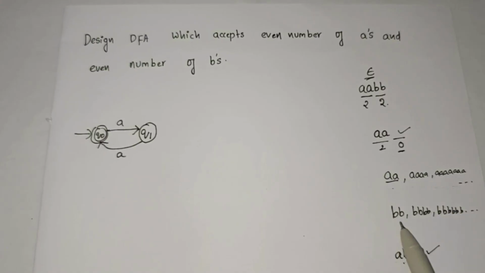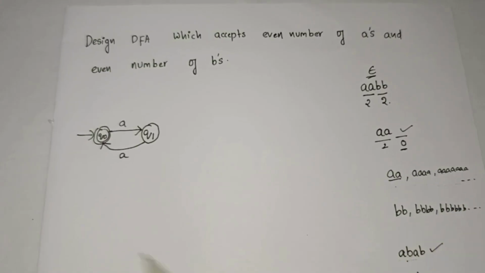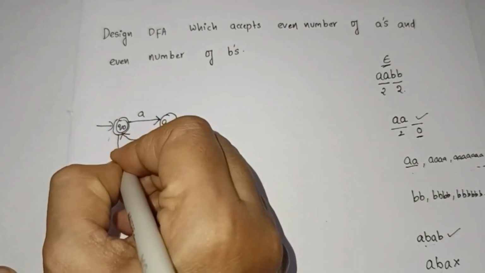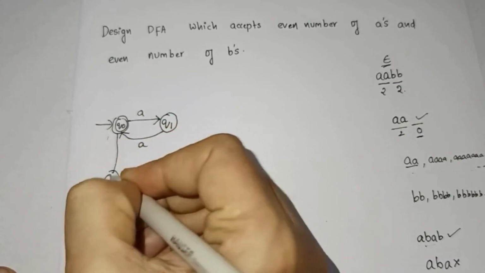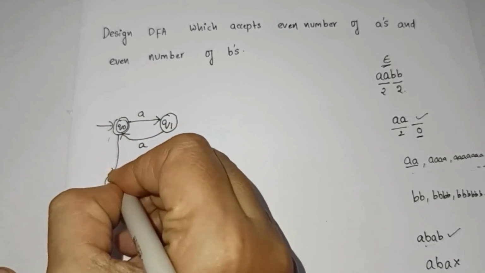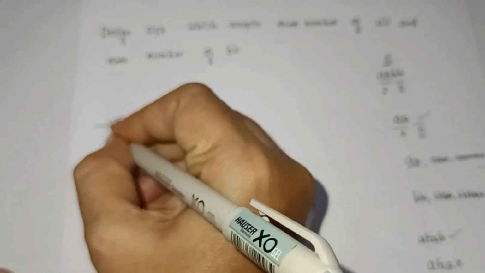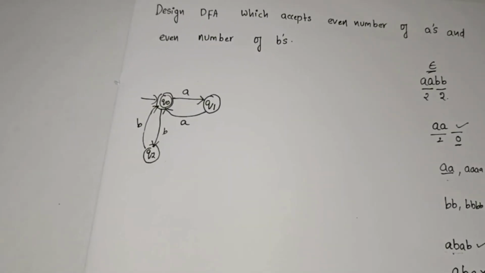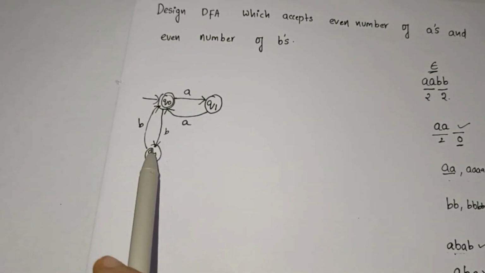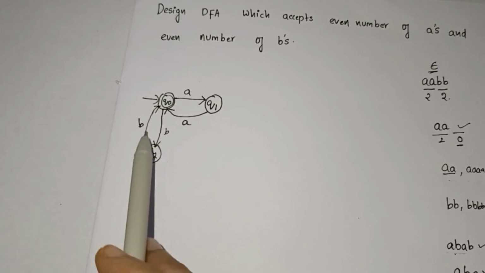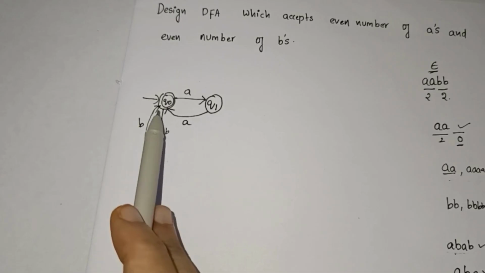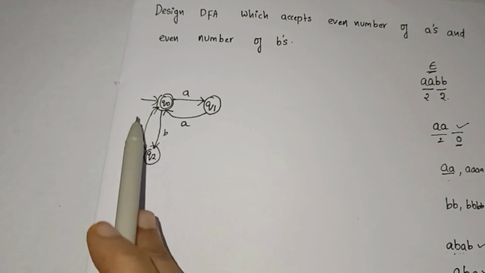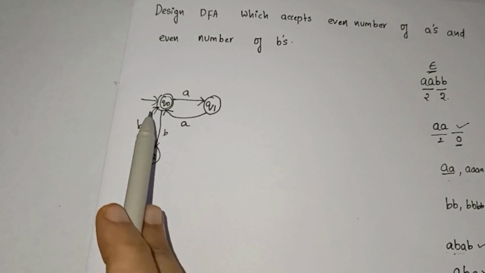Now we need the same for B. So from Q0, we will take one state Q2 with B. Okay. So this is the DFA which accepts strings with an even number of B's, that is BB, 2, 4, 6, 8, 10.